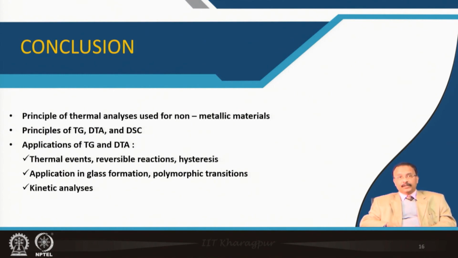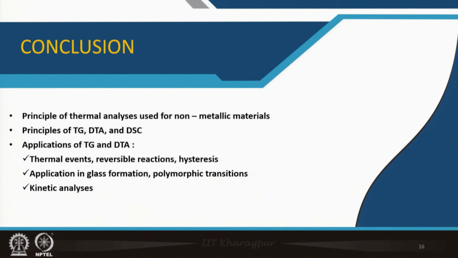In particular, the various applications of TG and DTA we have highlighted: the thermal events, reversible reactions, the concept of hysteresis, and why hysteresis forms between the cooling and heating cycles, the temperature difference. Then applications in glass formation, polymorphic phase transition, controlling the properties, how they are used, and finally the kinetic analysis that can also be done using DTA and TG measurement, which we have talked about.